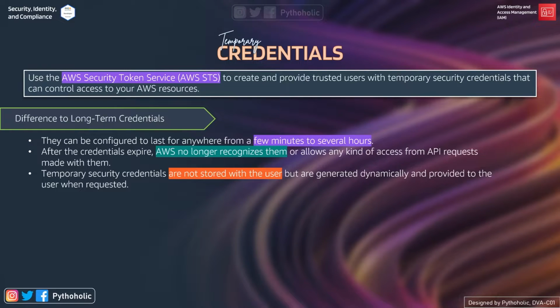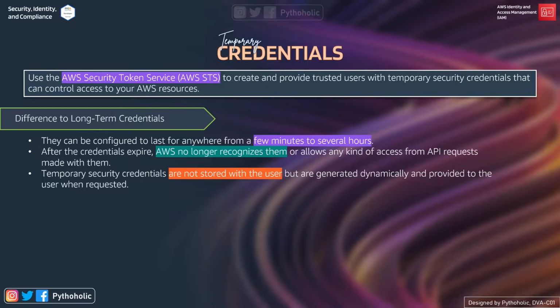That's also awesome. The third one is that temporary security credentials are not stored with the user, but are generated dynamically and provided to the user when requested. That's the best thing, isn't it? You request a temporary security credential, you get it. There is no need to store the credentials with the user.